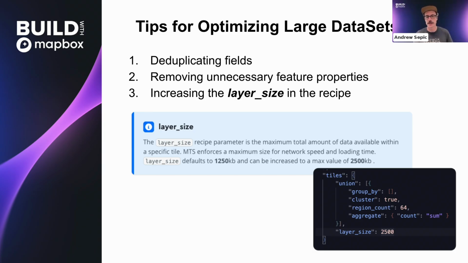But I didn't want all these things about whether it was part of a certain geographic region, or it had a private or public school board governing it, that sort of thing. So I removed unnecessary features, and then MTS also uses specific ID fields. So if you have an ID inside your feature properties, you could reuse that ID for the top level feature and make sure that you don't have duplicate data. So it's a good idea to look at and clean up your data before managing large tile sets in Mapbox Tiling Service.